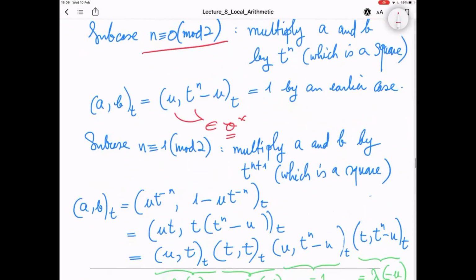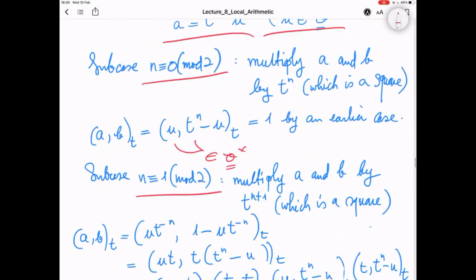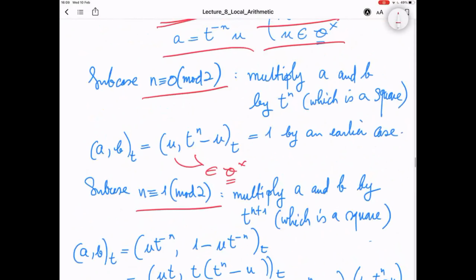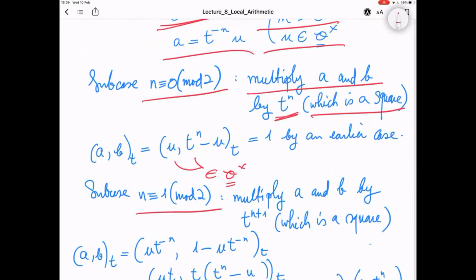If it's even, you can multiply A and B by T to the n because it's a square. When you multiply these two things by squares, you don't change the value of this Hilbert symbol. Now both of these things are units, so this Hilbert symbol is equal to 1. That's it.